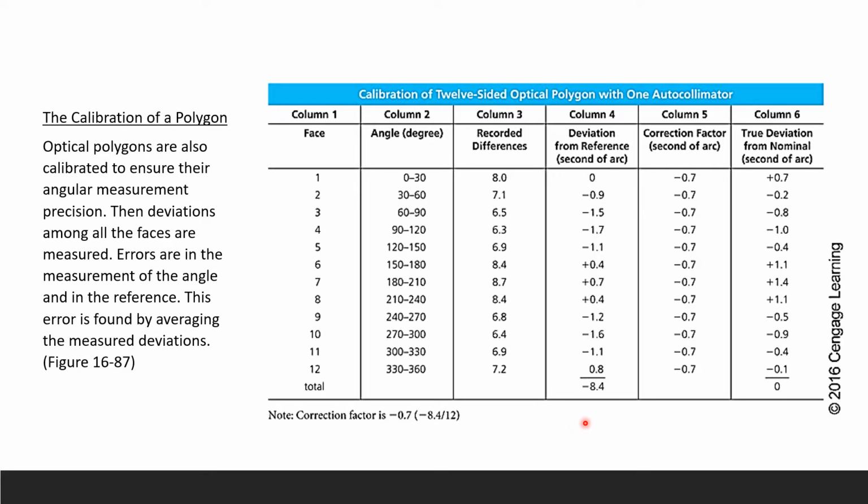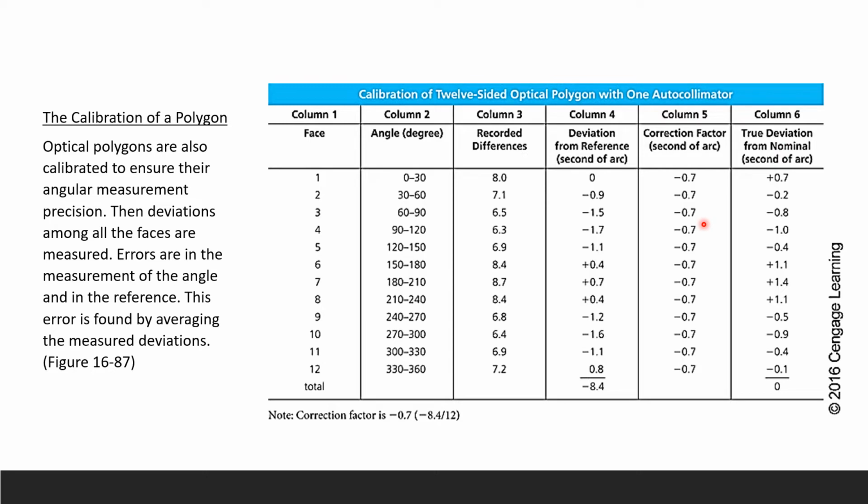For the measured deviation, column 4 and column 5, the results are the true deviations, which is column 6. Because the circle must have 360 degrees, the test is that the summation of deviation equals 0. You don't have to know those details. When you look at column 6, that's your true deviation.